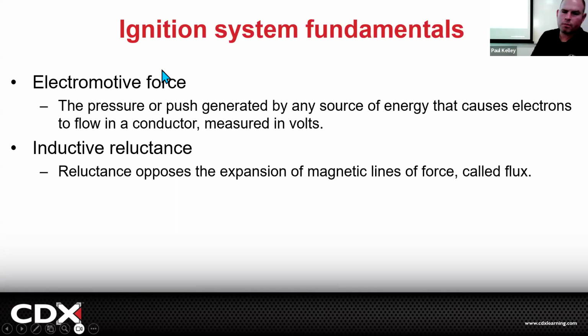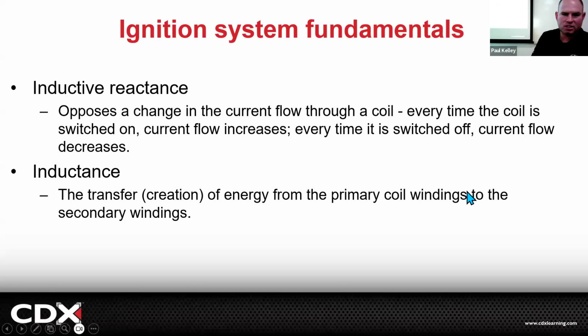And then when we start talking about inductive reluctance, reluctance opposes the expansion of magnetic lines of force called flux. So these coils do have some inductive reluctance. And additionally, inductive reactance opposes a change in the current flow through a coil.